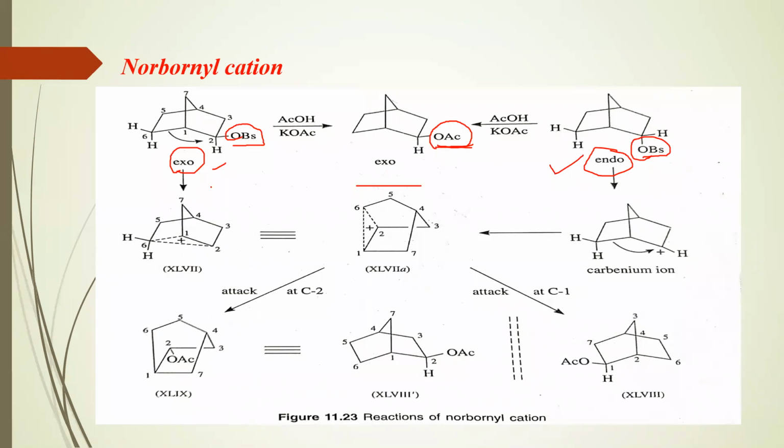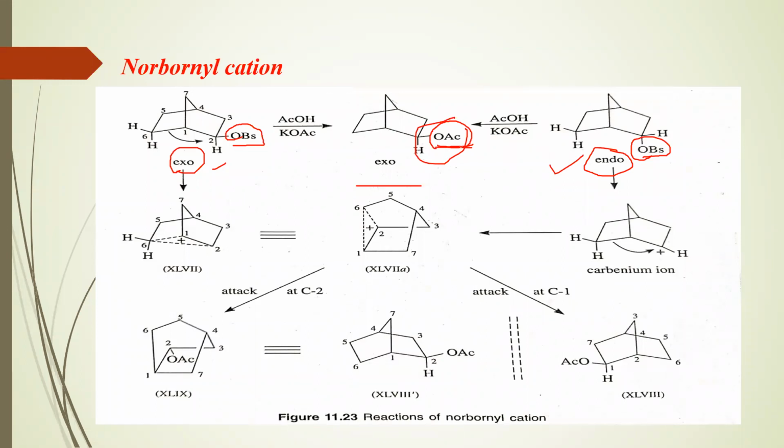Then both exo and endo brosylate give exclusively the exo acetate. Only this product is formed here.